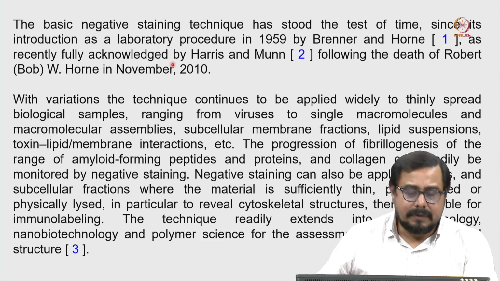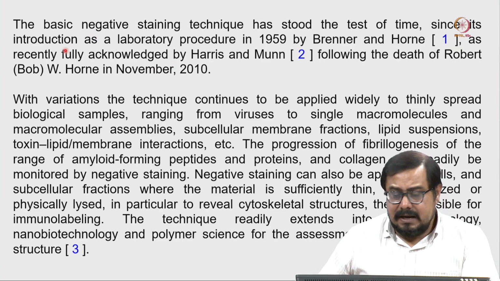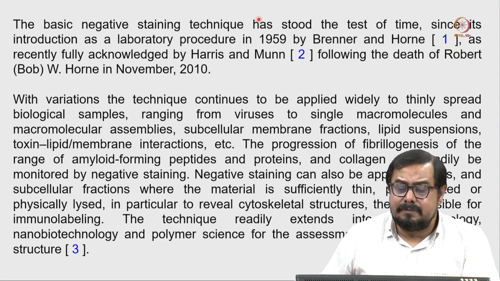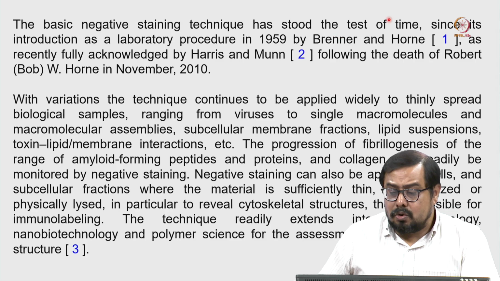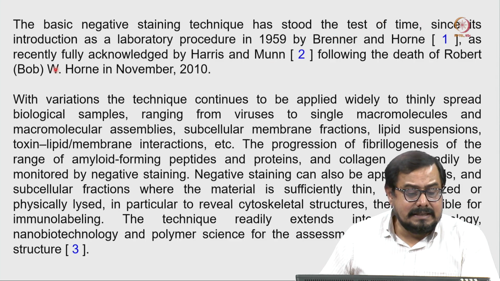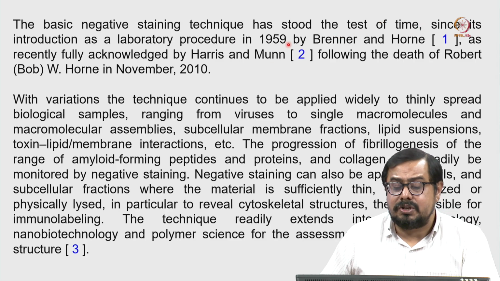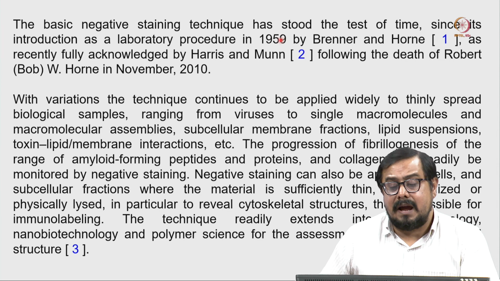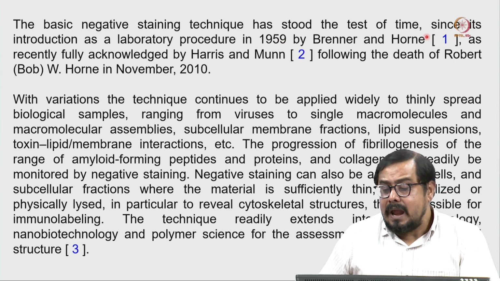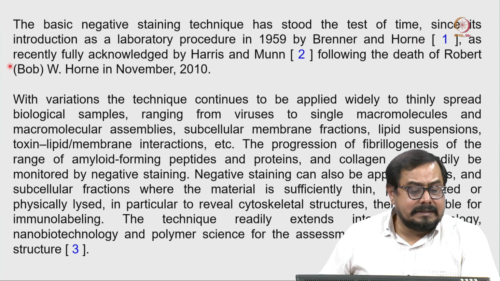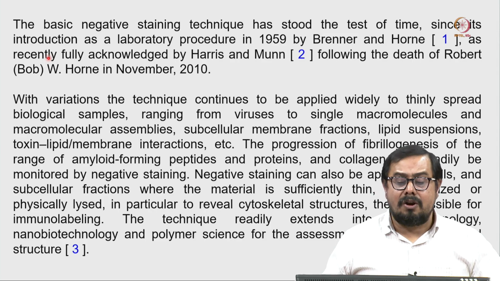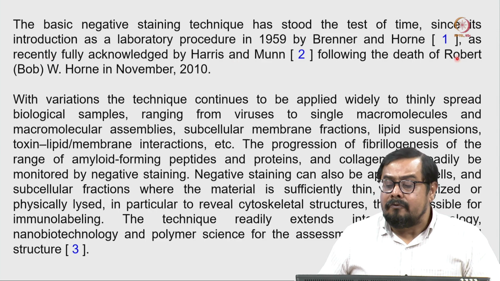Now, if we come here, you can tell that the basic negative staining technique has stood the test of time, since it was introduced as a laboratory procedure in 1959 by Brenner and Horne, which is fully acknowledged by Harris and Mohn.